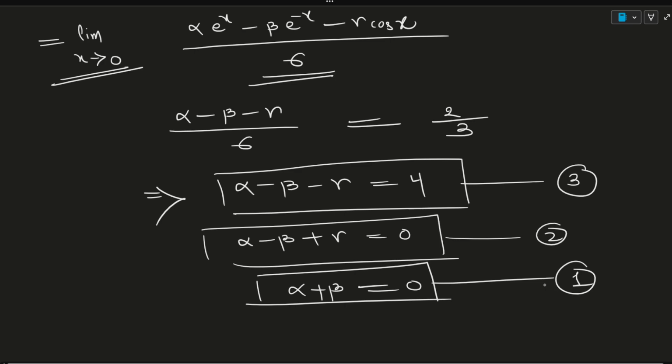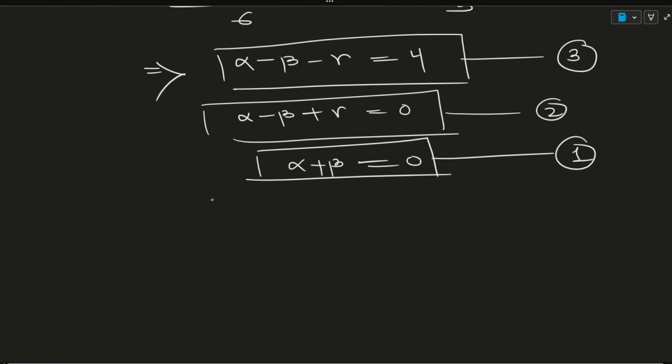Now by solving these three equations, we will get the values of alpha, beta and gamma. So from here we can say that alpha equals minus beta.